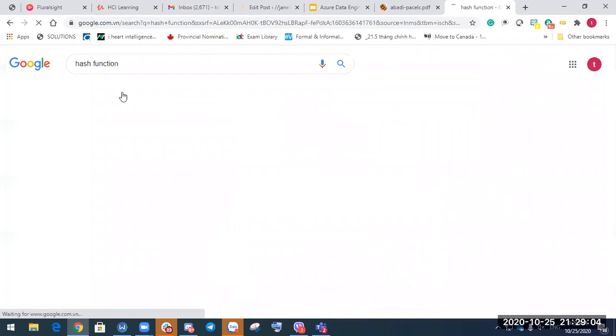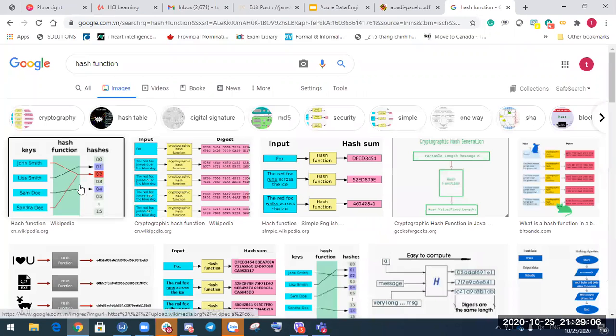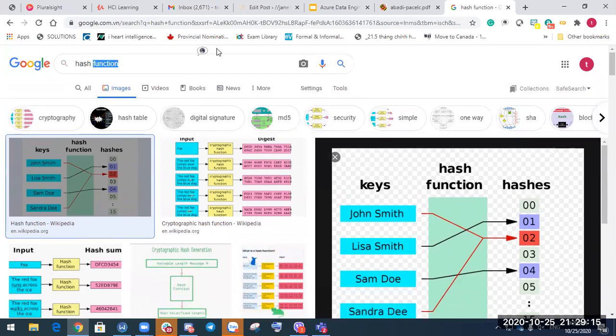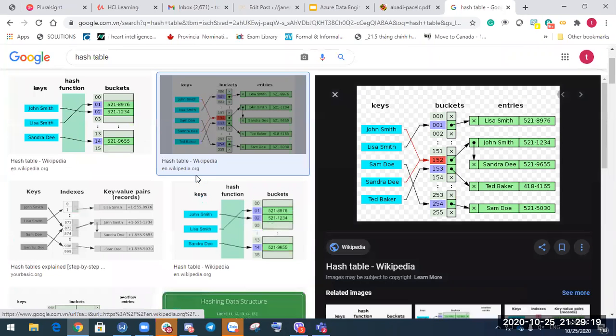Basically, a hash table is where you map keys to values. There's a key and its value, and you map them to one another. That is a hash table.